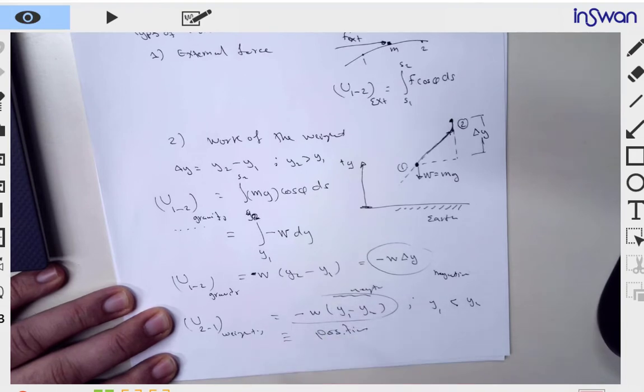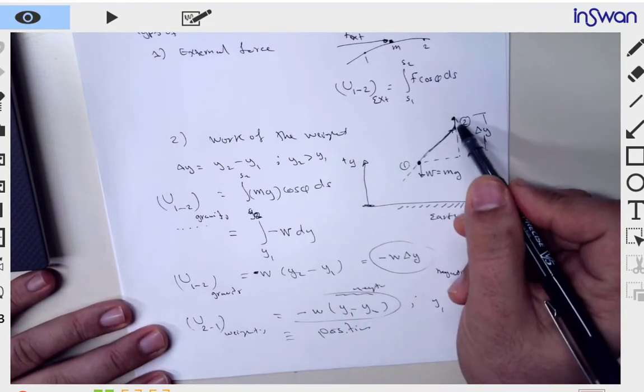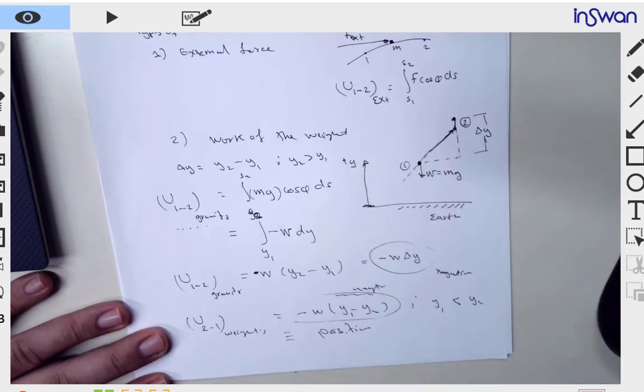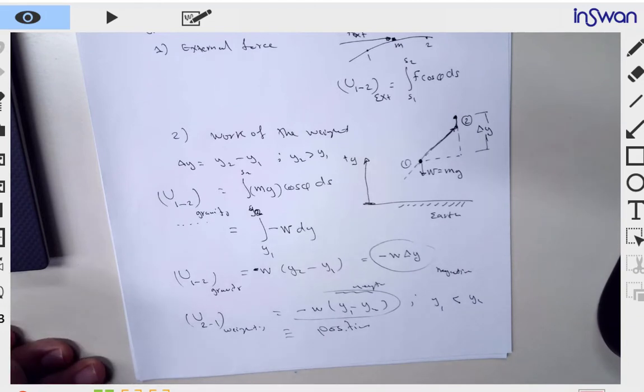Meaning that the work done to move the mass from here to here is positive, because simply it becomes w multiplied by that height difference, and there's no additional work that should be added to make this movement happen.